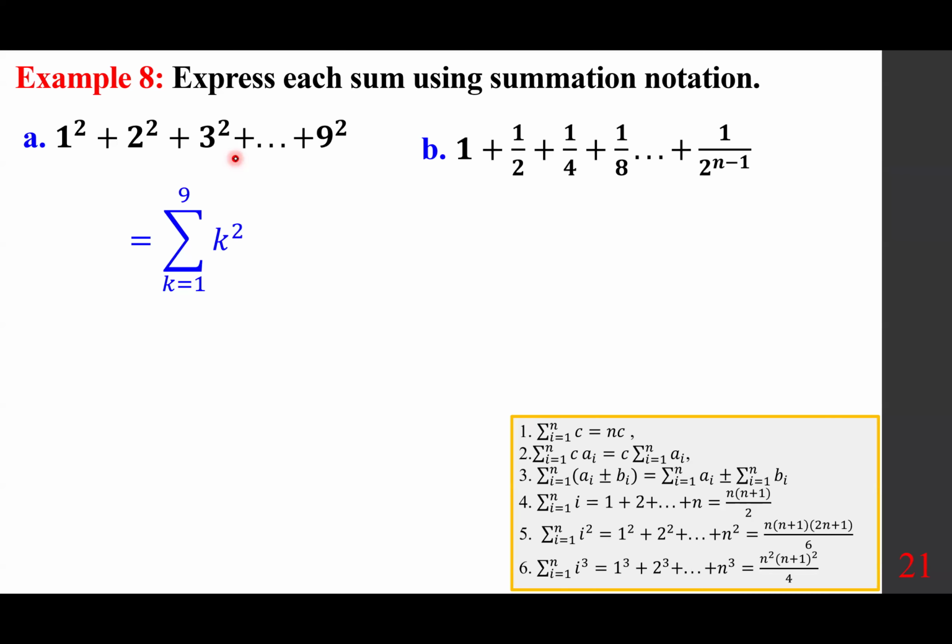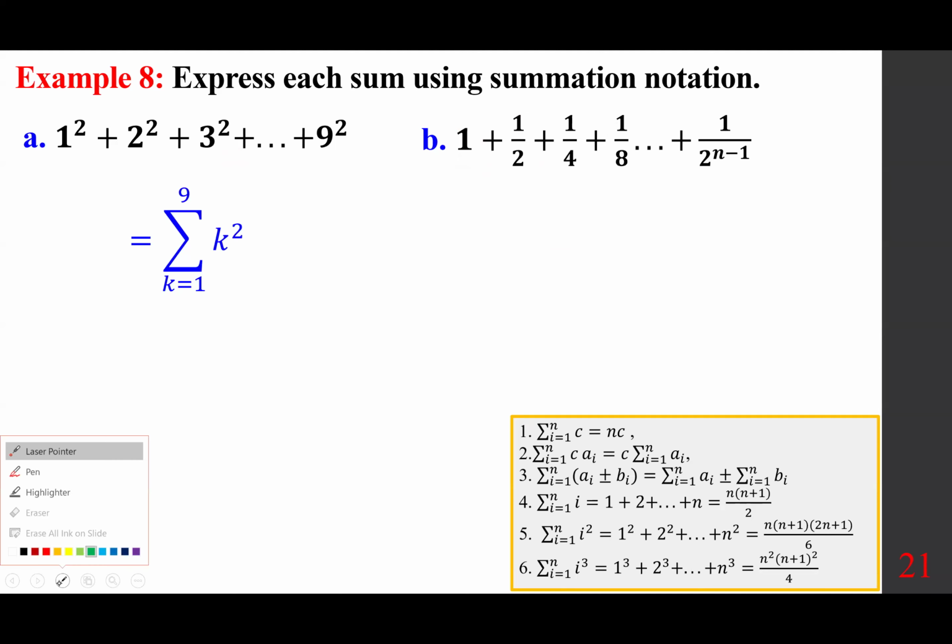What about this one? So 1, 1/2, 1/4, 1/8. It appears the numerator is 1. So in the summation, the numerator is 1. But what is the denominator? Let's write this one as 1/1. So the denominator is the one that is changing: 1, 2, 4, 8, 2 to the power of n minus 1. So actually, it's giving you the answer. The denominator is 2 to the power of n minus 1.